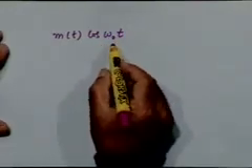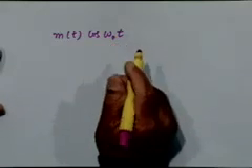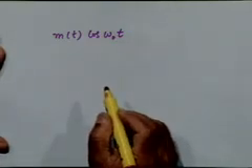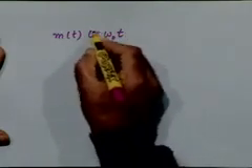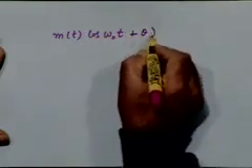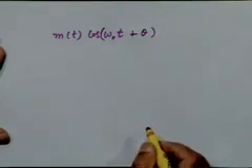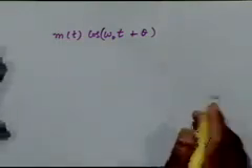Let's consider the signal m of t cosine omega naught t, or maybe, to make it slightly more general, cosine of omega naught t plus theta. Suppose I ask you to visualize this signal as a waveform.